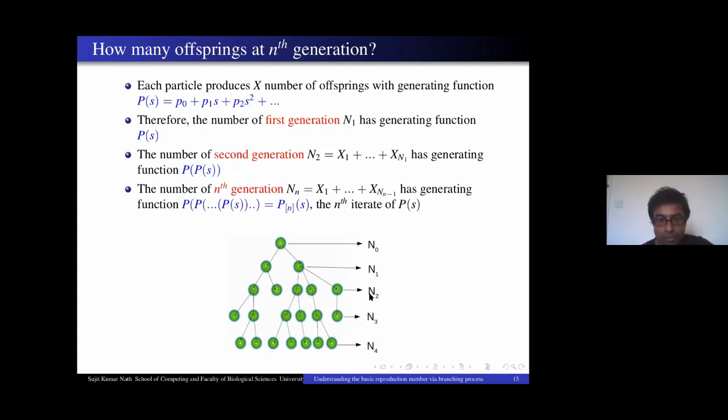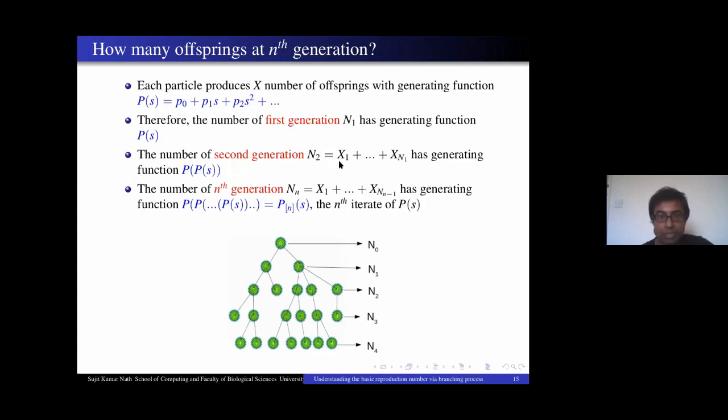Now this is the first generation, and what happens in the second generation? These second generation particles are created by these n1 number of first generation particles. Each of them creates x number of particles, so we need to sum x number of particles for each of the n1 particles, right?